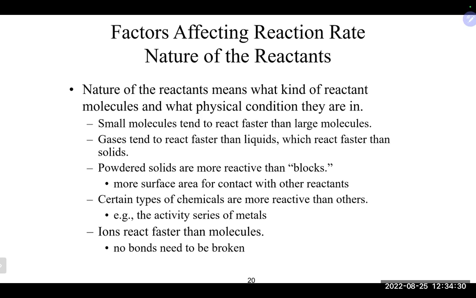If you ever did that reaction, and maybe this happened to you, you took your magnesium and coiled it into a tight ball, and you did your reaction and got like no bubbles. A little bit of bubbles, but not a lot. That's because the hydrochloric acid had a very hard time getting into your nicely coiled thing.